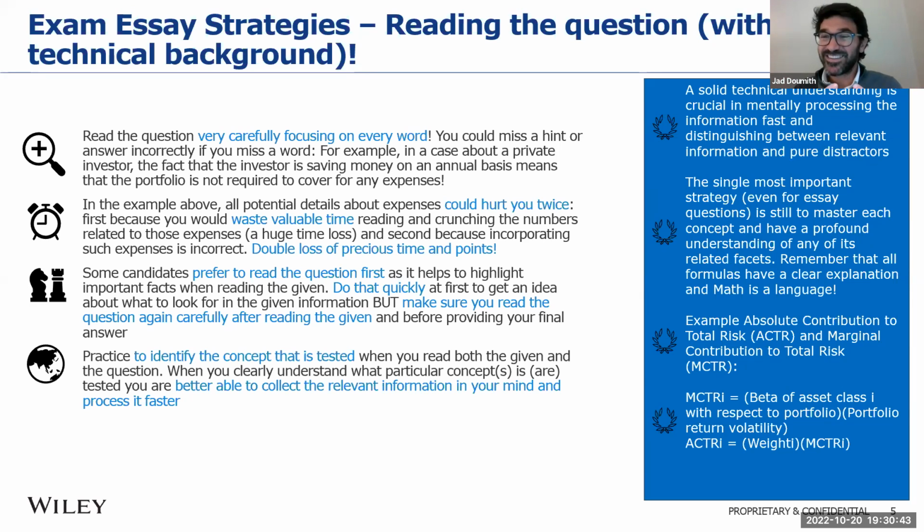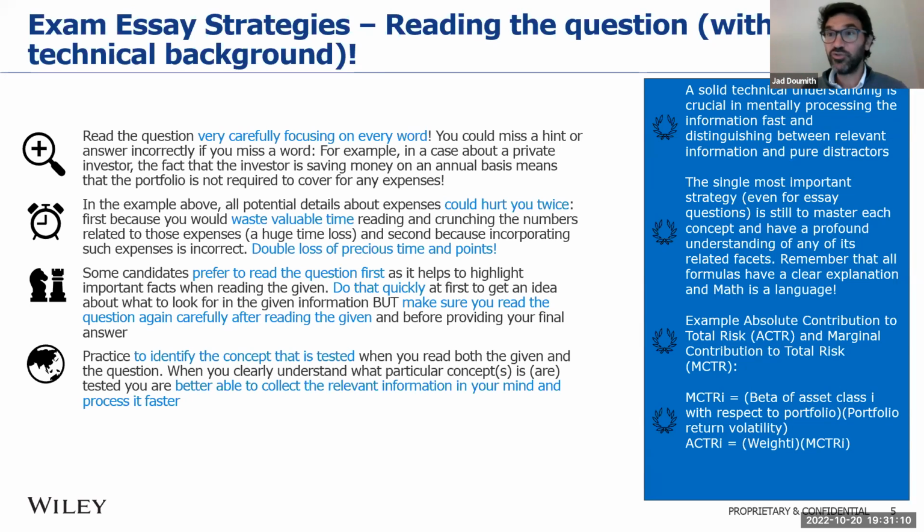Now, this is an extremely powerful word, right? Saving $50,000 annually. This is an important word. And if you miss it, you won't realize immediately that this investor's portfolio is no longer required to cover any of the investor's living expenses, because you can only save if your salary is already covering all your expenses.